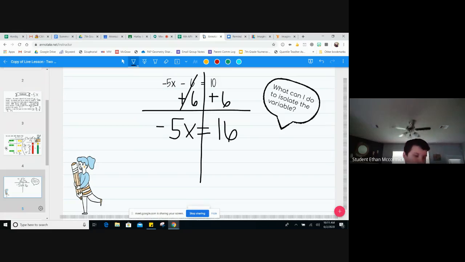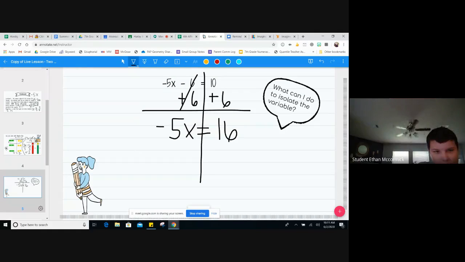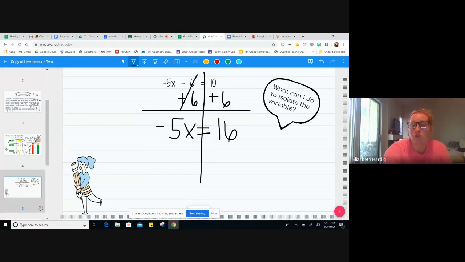Okay. Well, now x is being multiplied, and I know that I solve equations using inverse operations. So the inverse operation of multiplication would be what? Division. Absolutely. So if x is being multiplied by -5, then I need to come over here and divide by -5.